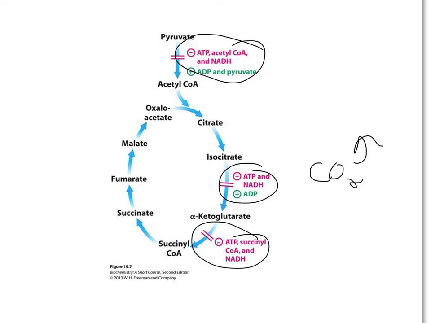So those tend to be the steps that are under control by the cell, and that's certainly the case here. Once you get into these pathways, you can downregulate these steps. So why would NADH and ATP block these two steps? Why would that make sense? And why would ADP stimulate that step?